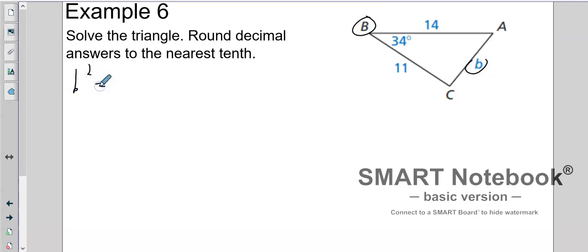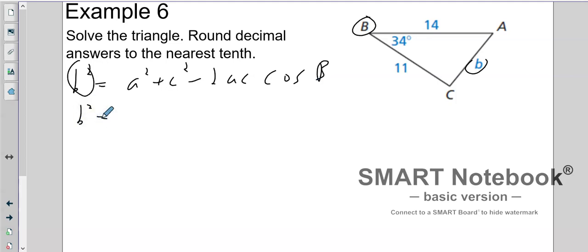First, b squared equals a squared plus c squared minus 2 times a times c, and then the cosine of that letter b. So let's just fill it in. Take our time, go slowly. B squared equals a.